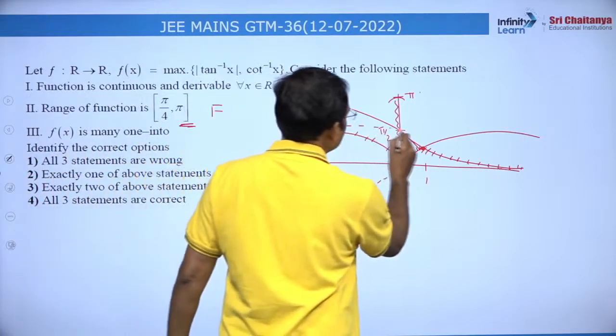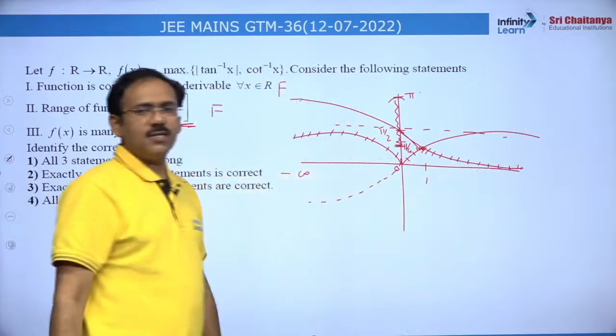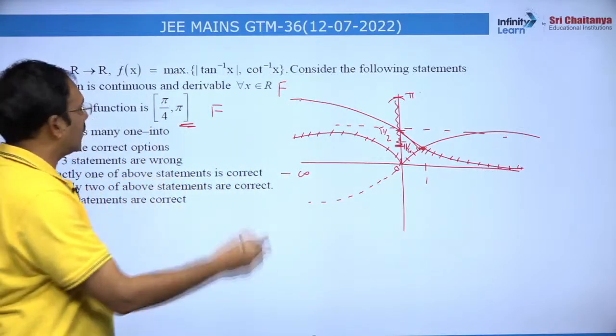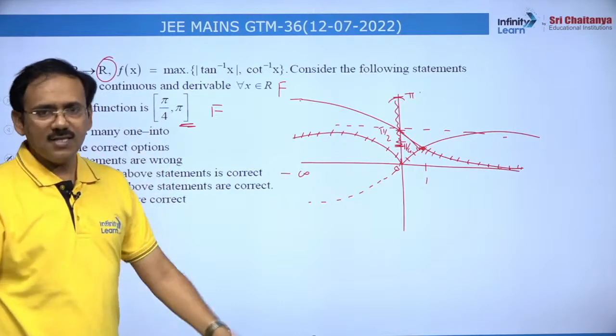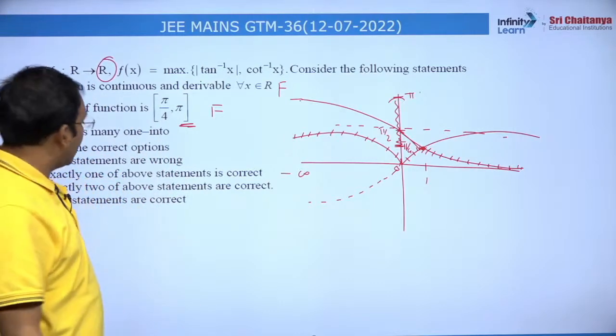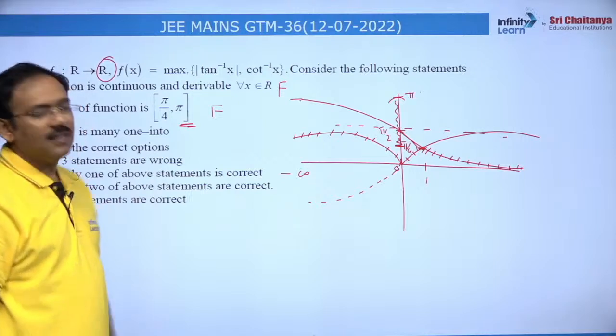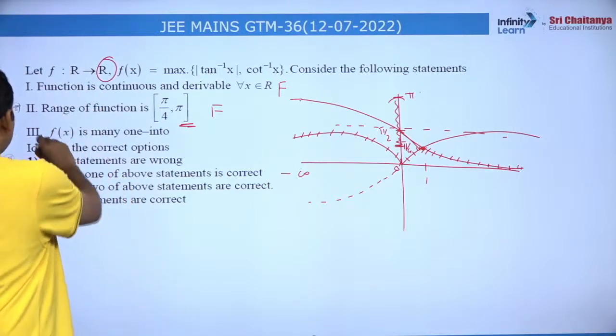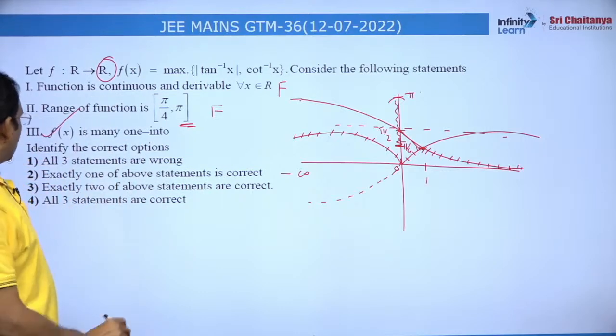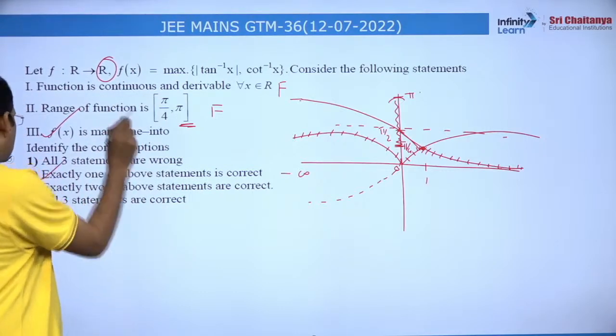If you take a horizontal line, it cuts the curve at 2 points, it is many one, into, because range is pi by 4 to open pi, but codomain is R. Range is different from codomain, and hence this function is many one and into. Third statement is the correct one. So, exactly one of the above statements is correct.